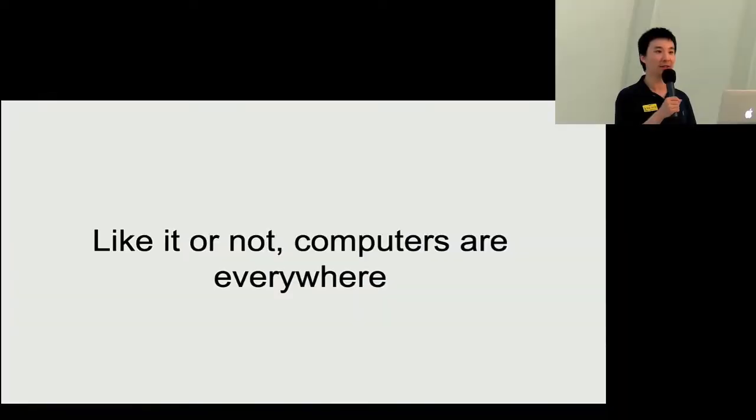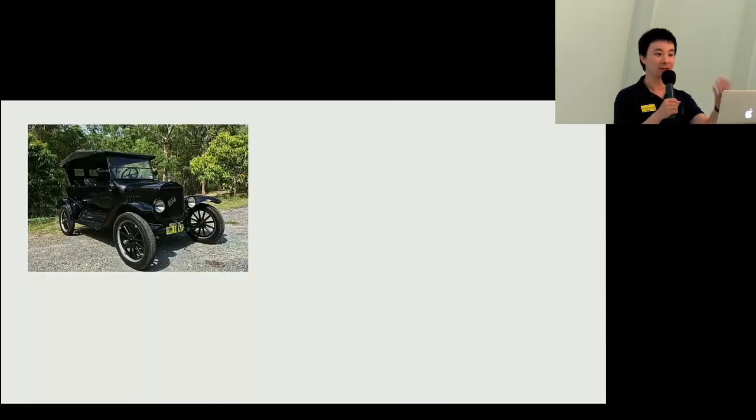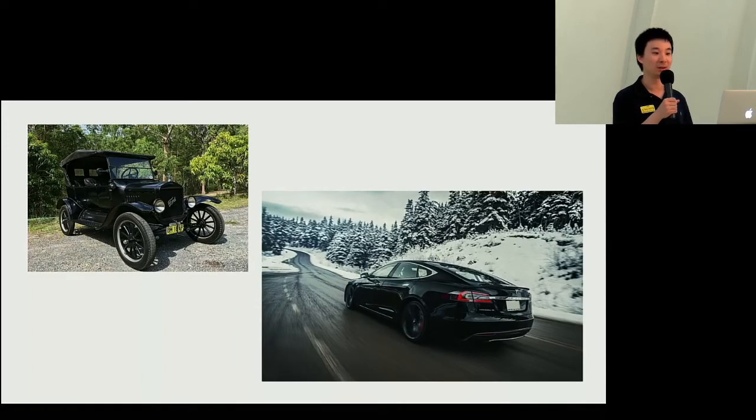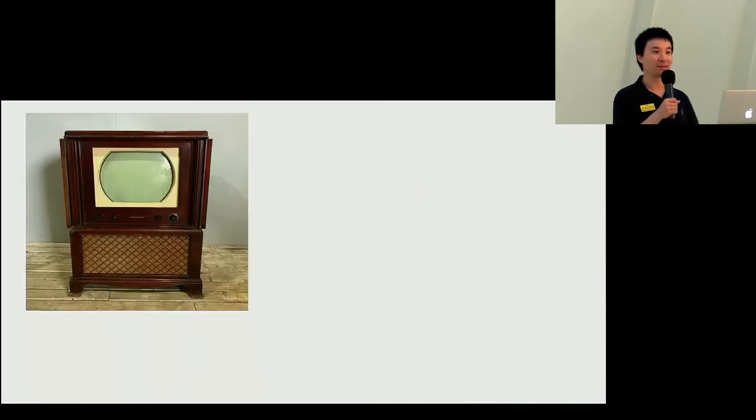So, like it or not, computers are everywhere. I'm pretty sure, I mean, back in the day, you had a car, right? You just turn it on, you can see the gears turning, and everything's right in front of you. Not anymore. These days, you're basically driving a computer on wheels. And back in the day of TV, there's a surplus radar tube in there. You can see the round screen, and it just took in signals and swept it across the screen.